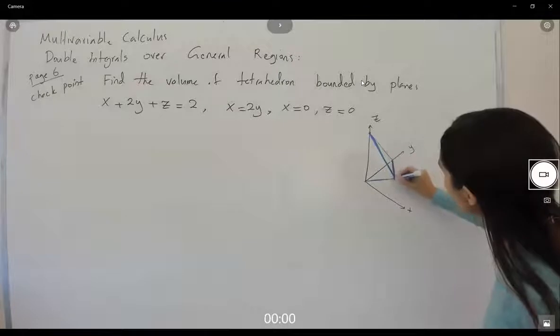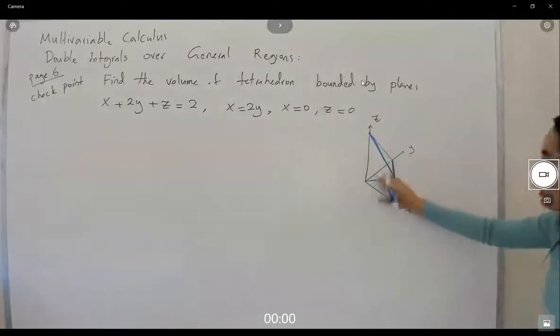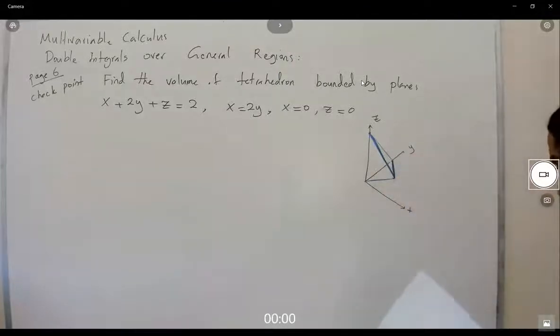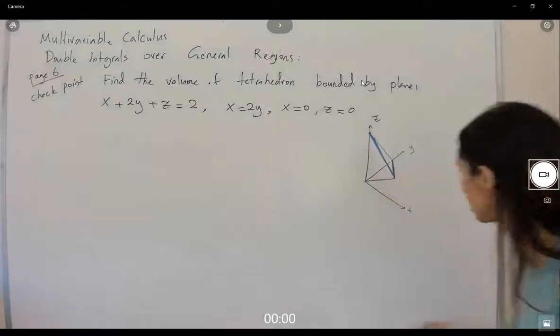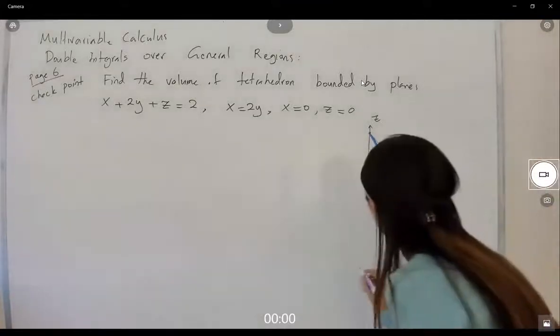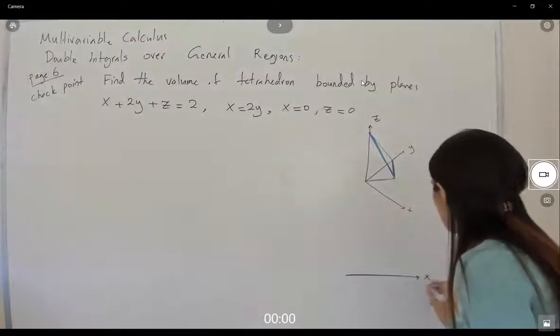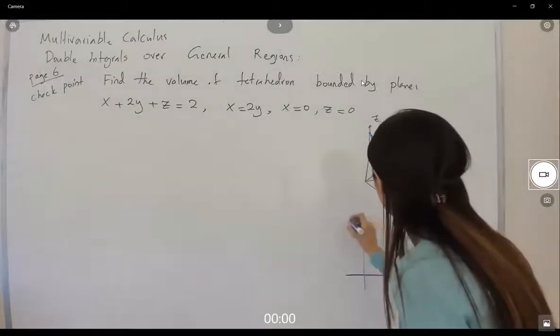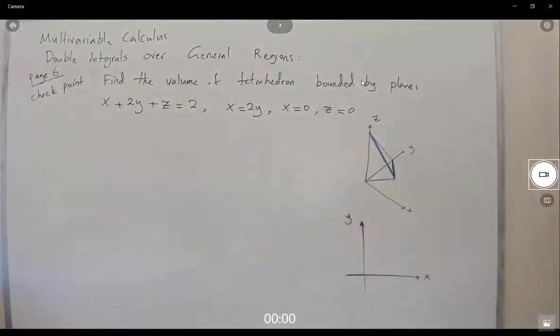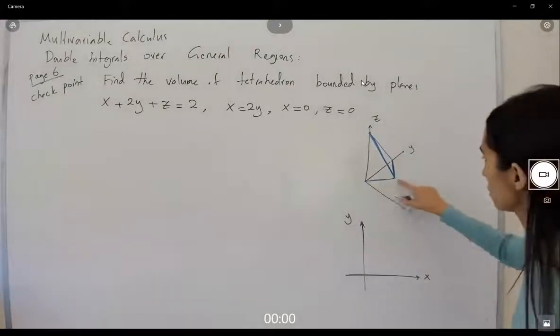So in the XY plane, as you can see, you have a triangle. So let us just look at the projection in the XY plane. So in the x-axis, in the y-axis, what do we have? We have this nice little shape here.